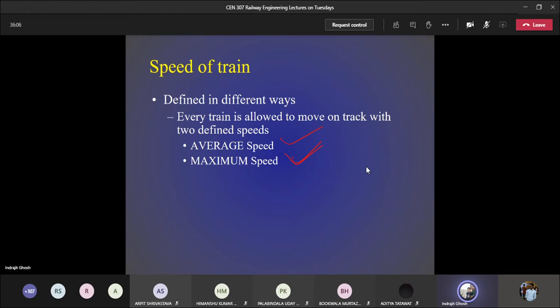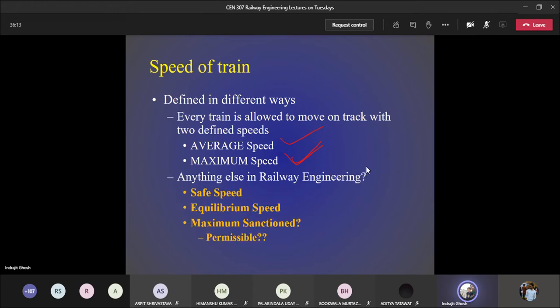But when you are a civil engineer, you are having a course in railway engineering and you are trying for a career in railway engineering, you will come across several other terms. One is shape speed, which is represented as VS, that we will be seeing. There is one more term that we have already seen, equilibrium speed. The train is exerting equal pressure on the rails. There is no unbalanced effect of centrifugal force.